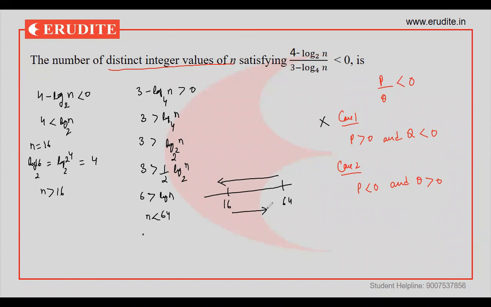So the values which we can take are from 16 to 64, both excluding. So that means n value should be from 17 to 63. And there are 47 integers from 17 to 63, both included. So the correct answer is 47.